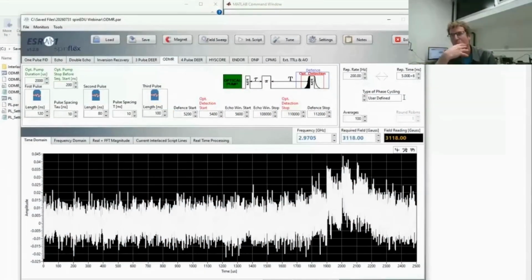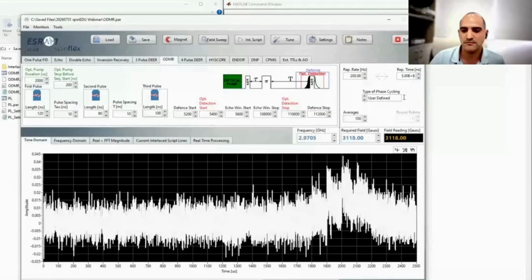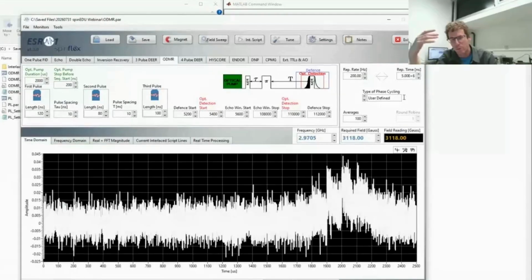The company develops a lot of sophisticated magnetic resonance instrumentation. It can be very high-end electron spin resonance spectrometers, pulse spectrometers for various frequencies from 1 to 100 gigahertz, and we develop all the hardware and software.